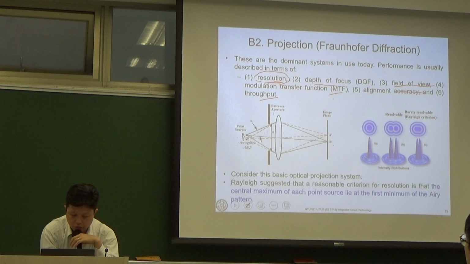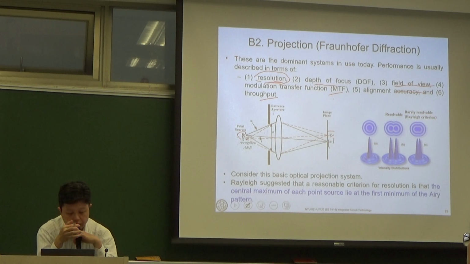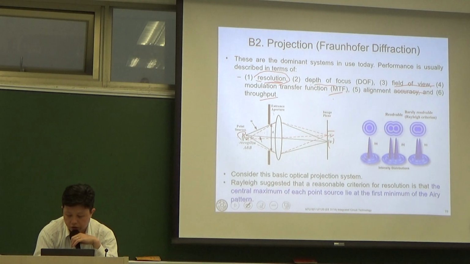So if there's a diffraction effect during this process, then how can we resolve these two points, A prime and B prime, on your image plane? Okay, that's our question.